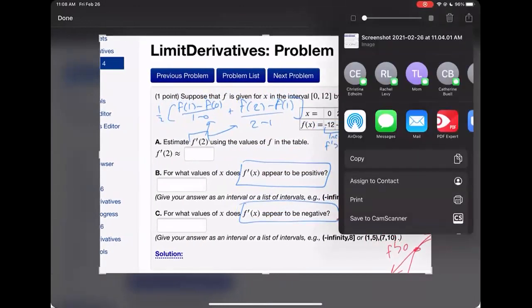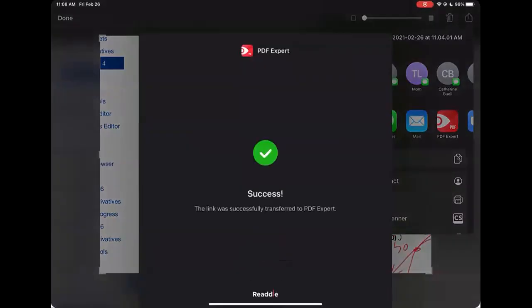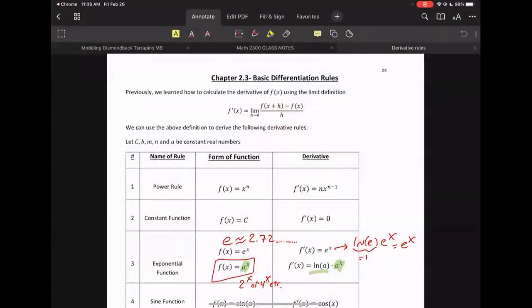There we go. I will go ahead and, if I can find that one, I'll put it in a folder. And we're frozen.